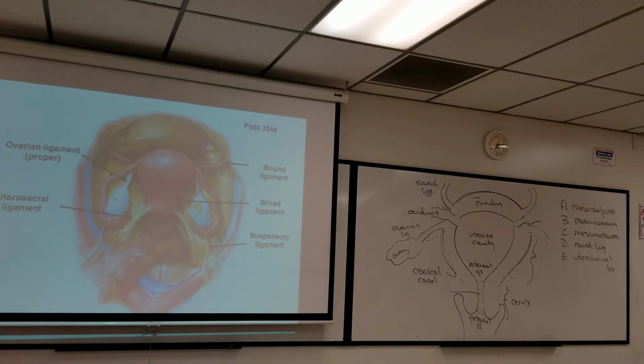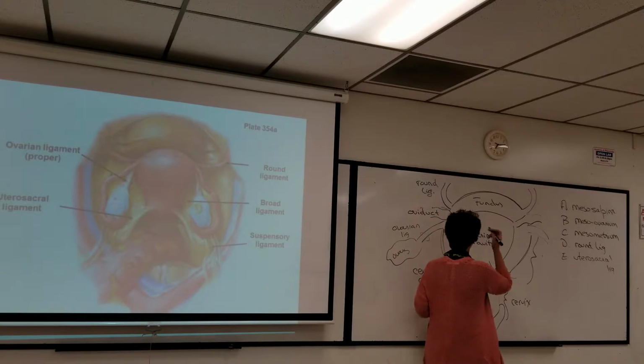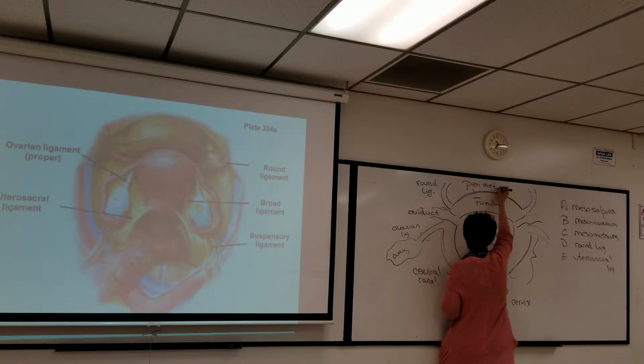Alrighty, so now while that's passing around with the ligaments, I'm going to leave that diagram of the uterus out there, and I'm going to label the layers of the uterine wall. So what was our root for uterus again? Metrium. Alright, so where the peritoneum is attached to the wall structure of the uterus, we call it the perimetrium.